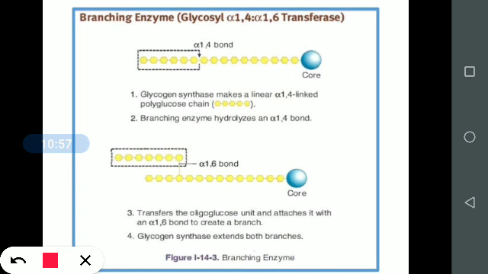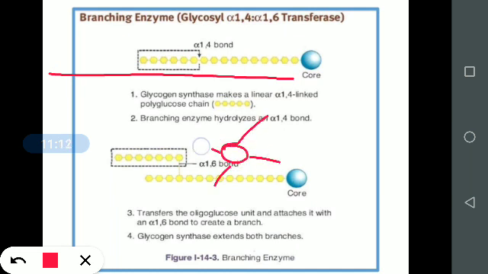If the core is there and the alpha 1,4 linkage is continuous, it will give a straight chain. But the glycogen structure is this: this is the core and these are the inner chains, and to this again branches will be formed, and again branches will be formed.